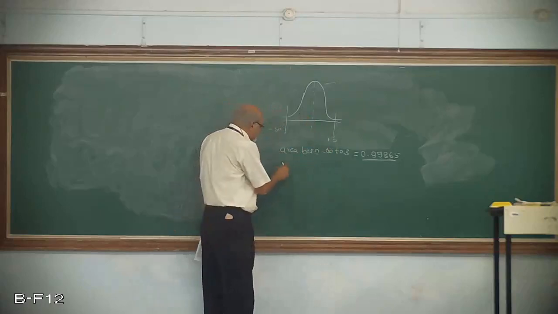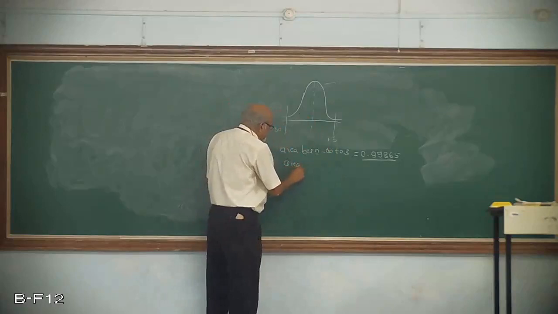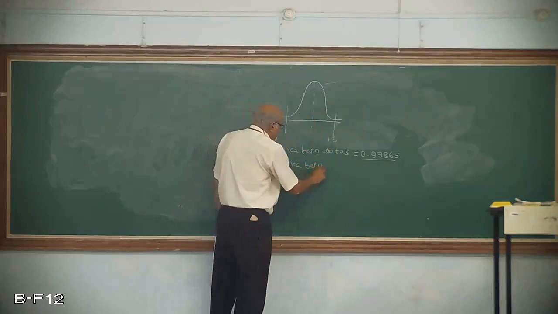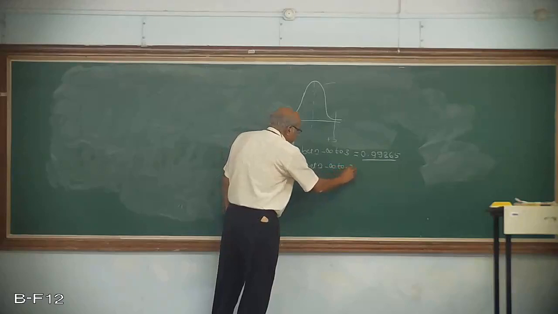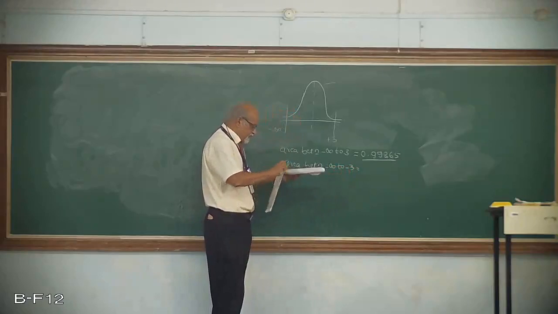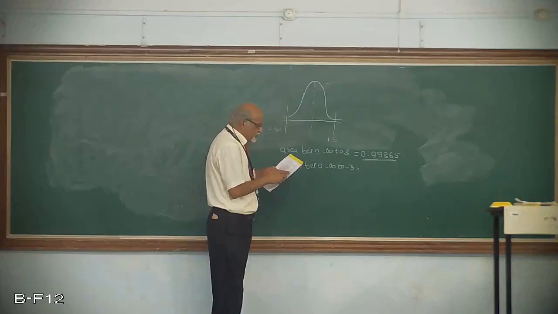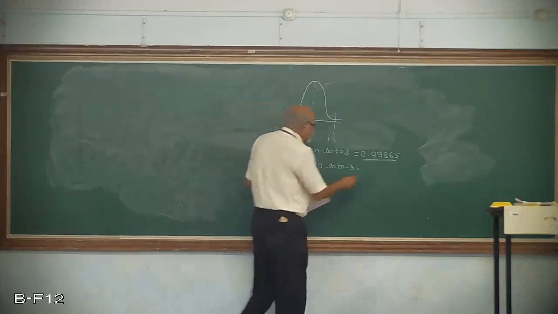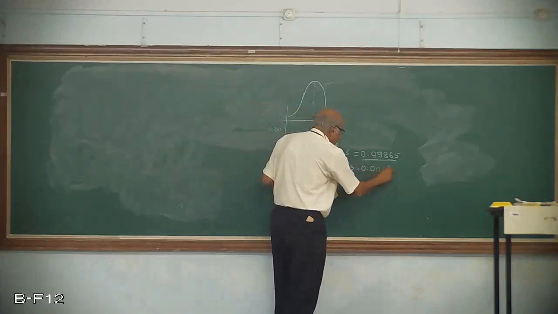If I take the lower side, the area between minus infinity and minus 3 works out to be, if we refer to the table, 0.00135.